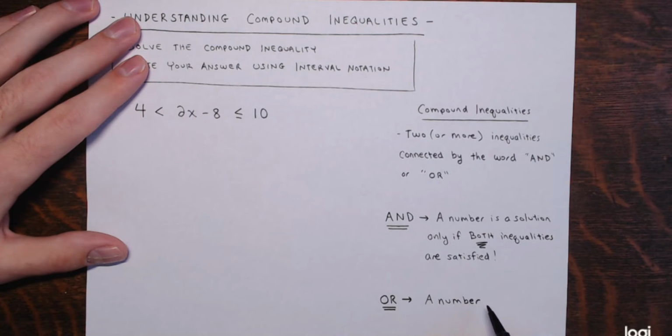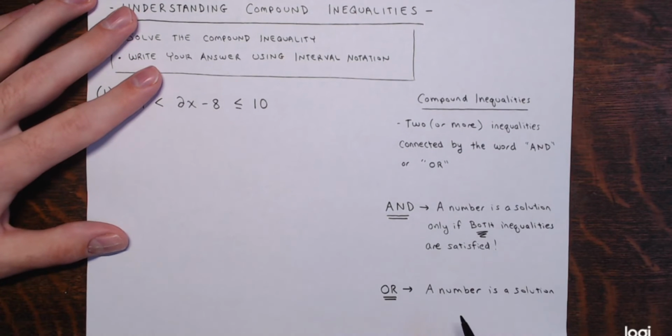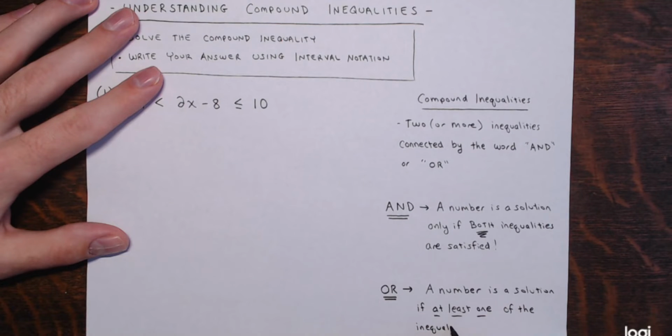So for or inequalities, a number is a solution of the compound inequality if at least one of the inequalities is satisfied. So not both. With and, it has to be both.